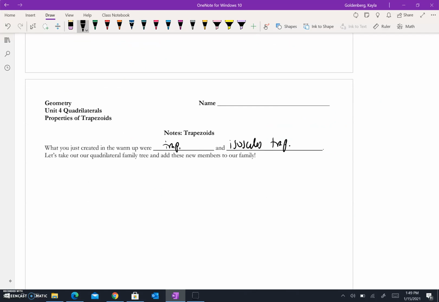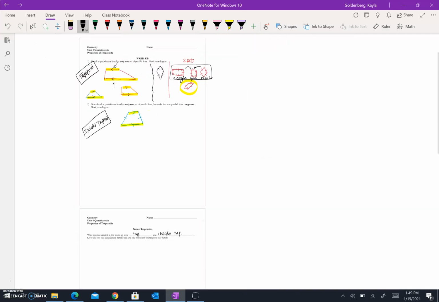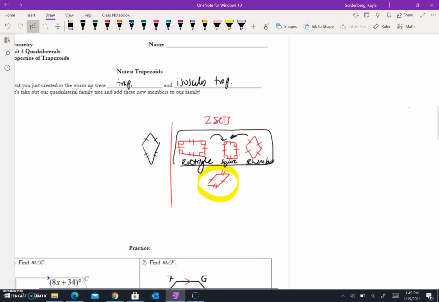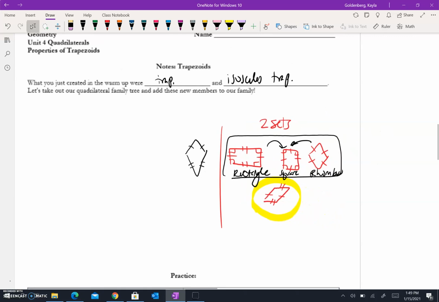It might be good to think about them within the family tree of quadrilaterals. So I'm going to take what I drew here, move it over here and discuss over here. So we have the shapes with 2 sets of parallel lines. This one is no parallel.